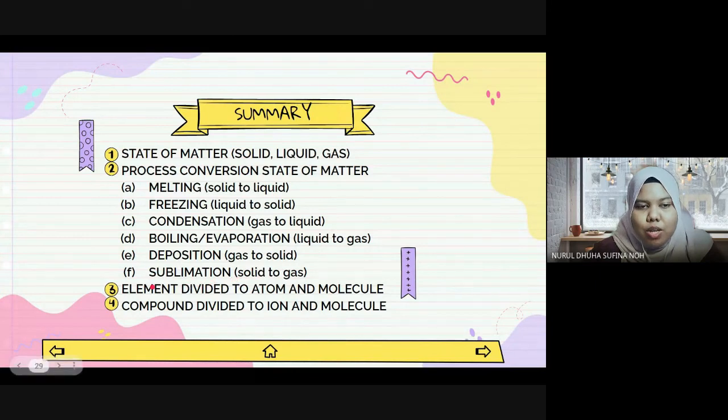Matter also exists in the form of elements, which involve the same chemical element and are divided into atoms and molecules, while compounds involve two or more different chemical elements, divided into ions and molecules.